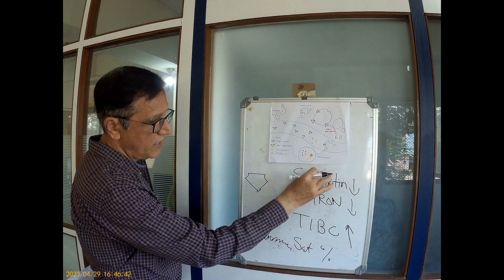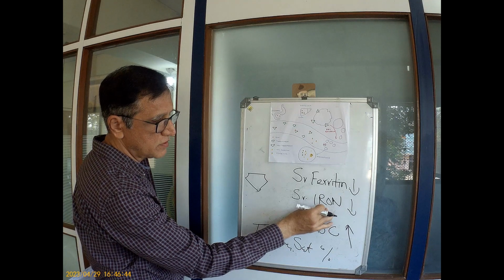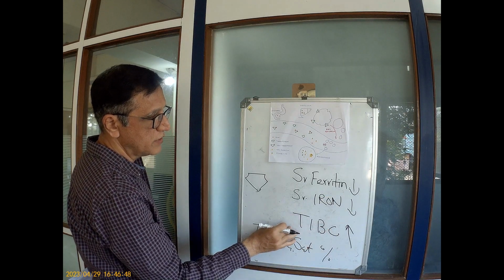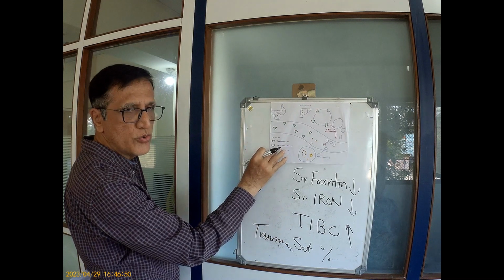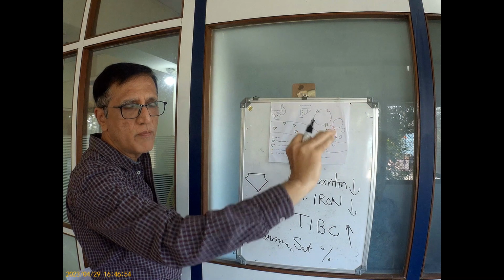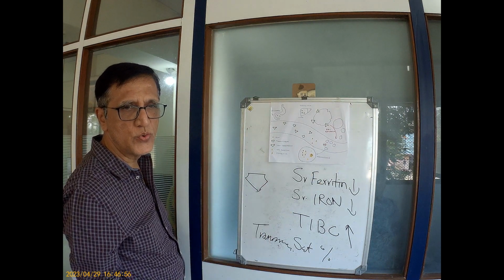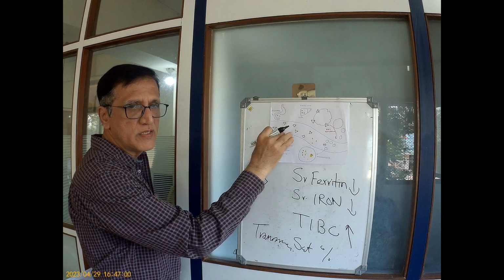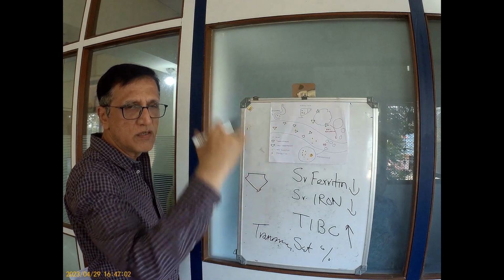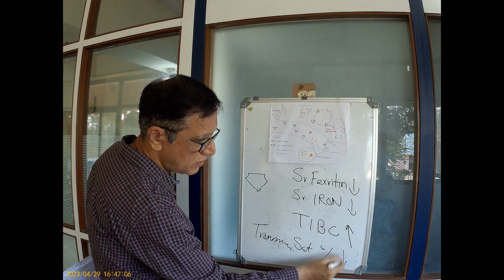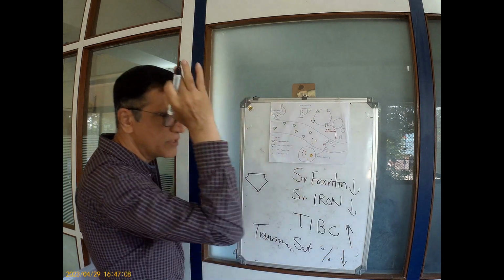Now when this iron is going down and your liver started producing transferrin molecules, plenty of transferrin molecules, but no iron to bind to, the saturation of the transferrin is going down. So transferrin saturation will be less, while total iron binding capacity is going up.